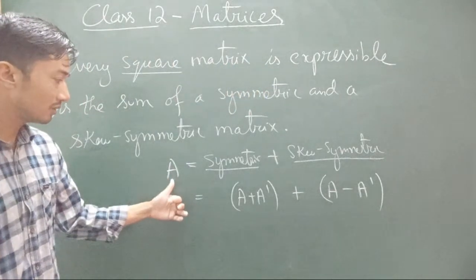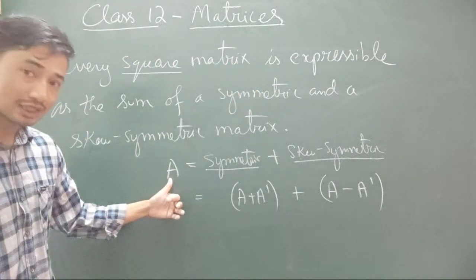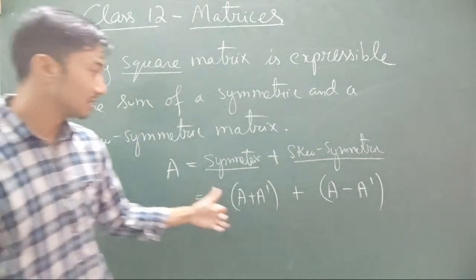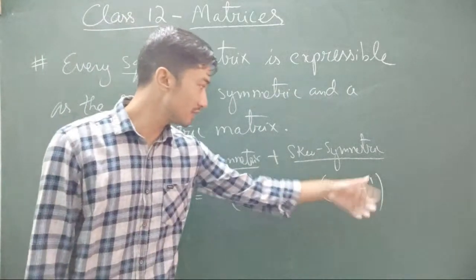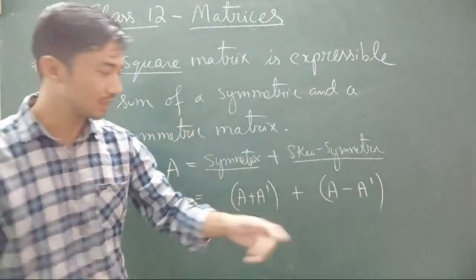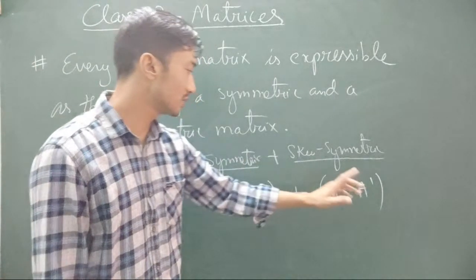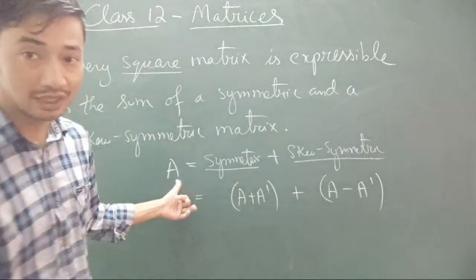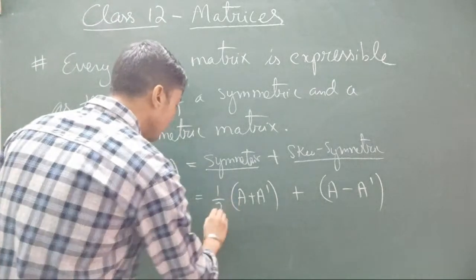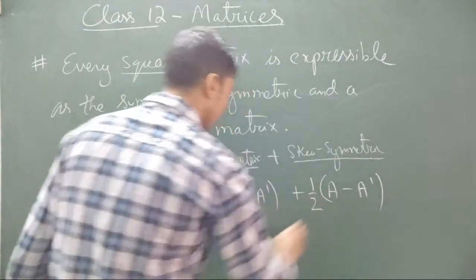But what are we trying to do here? We're trying to express A. So A plus A transpose plus A minus A transpose, I'm just trying to give you a small verification proof. A transpose, we can cancel. A plus A will give 2A, it has to be A, so just balancing the equation, half of that.